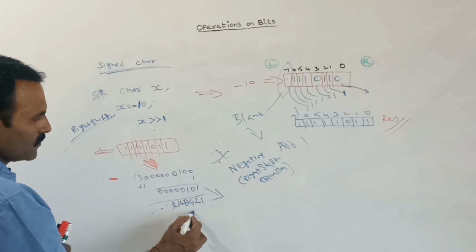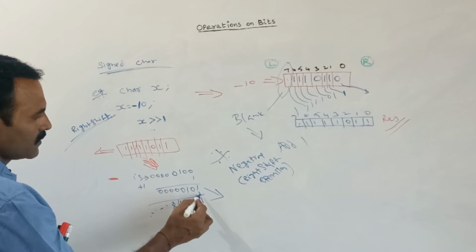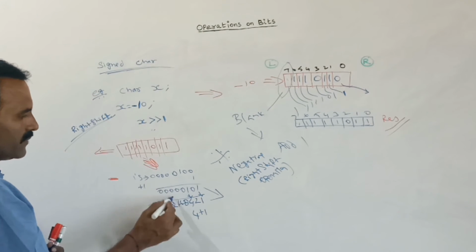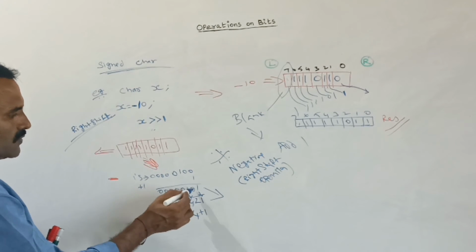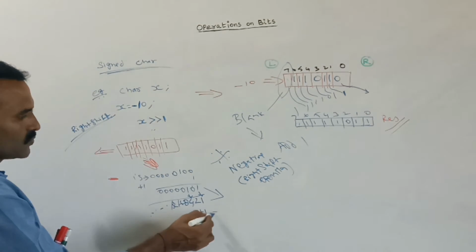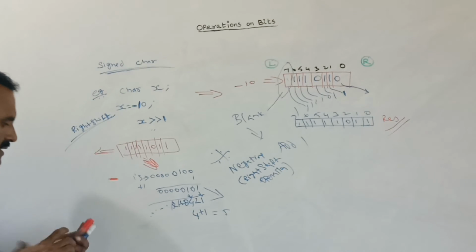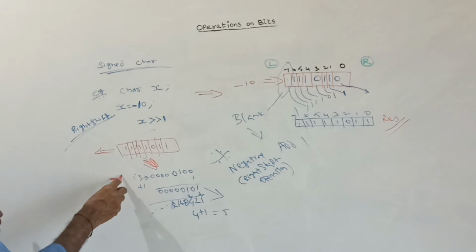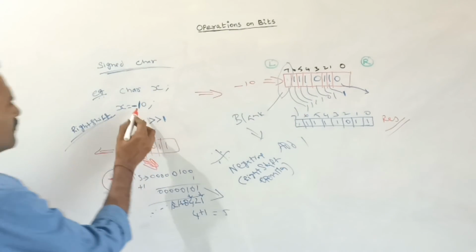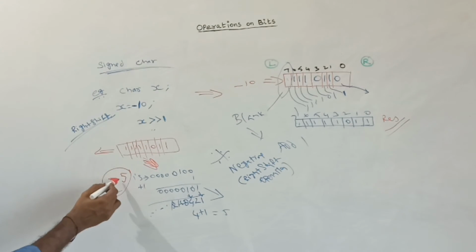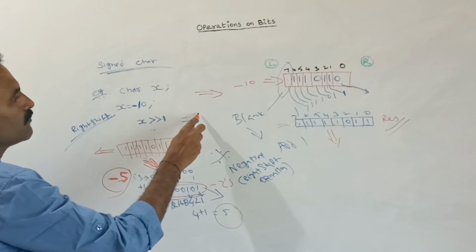Here 4 plus 1, every remaining bit value is 0, so 0 times anything is 0. Here 1 into 4 is 4, 1 into 1 is 1, so 5. The result is minus 5. So if you are right shifting minus 10 with 1, the result is minus 5.